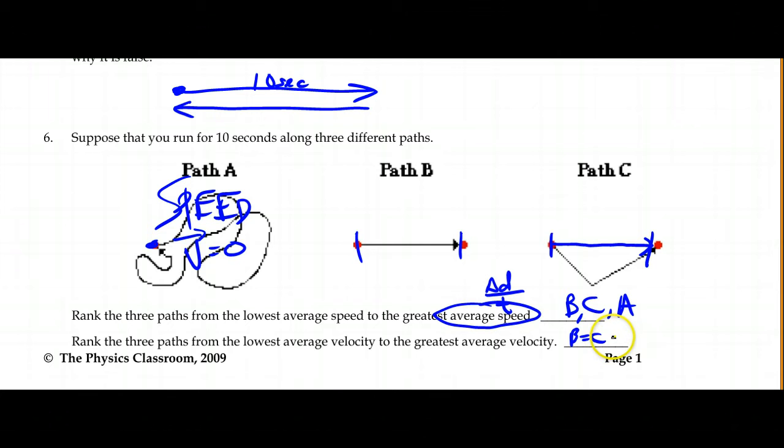Then A would be, in this case, the smallest, because A would be essentially equal to 0. So A is the smallest, B and C are essentially the same velocity because the change of position is the same. So, subtle things to work through, but very important to bring a complete understanding to being able to track more and more complex motions. Alright, so next time we'll look at calculating speed and velocity.